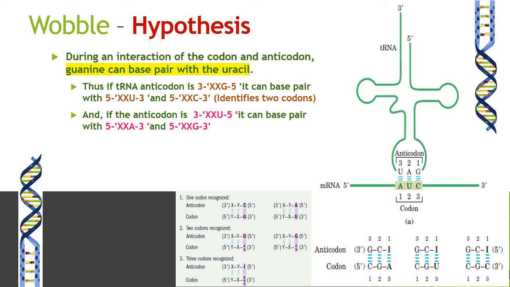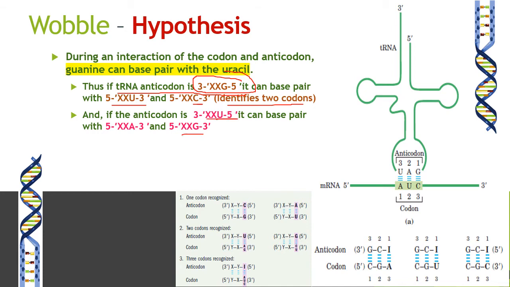Let's take an example. If the tRNA anticodon has a sequence of 3' 5' XXG, then it will recognize two different codons having the sequence 5' 3' XXU and 5' 3' XXC.